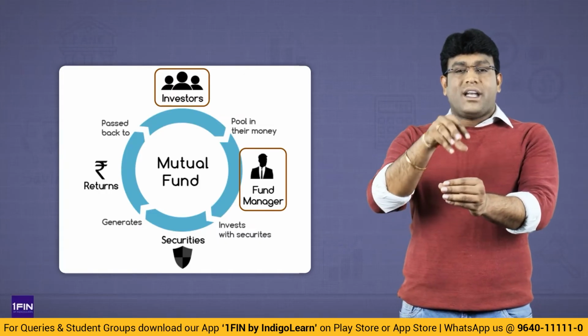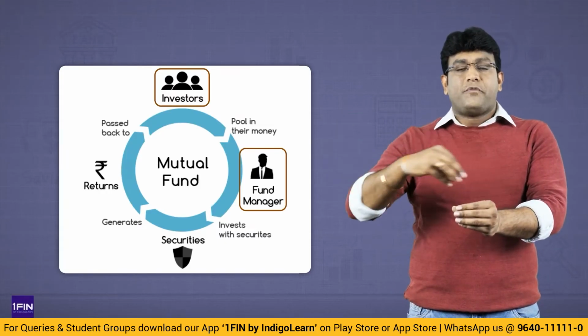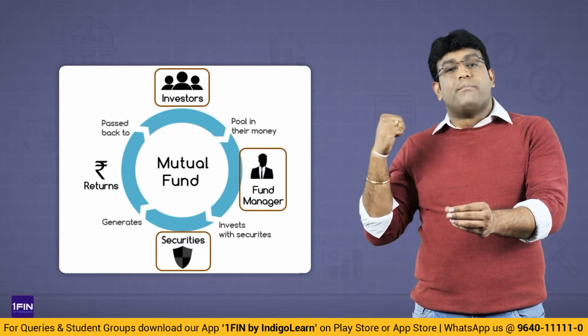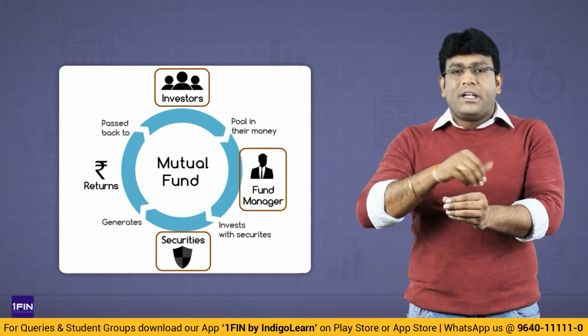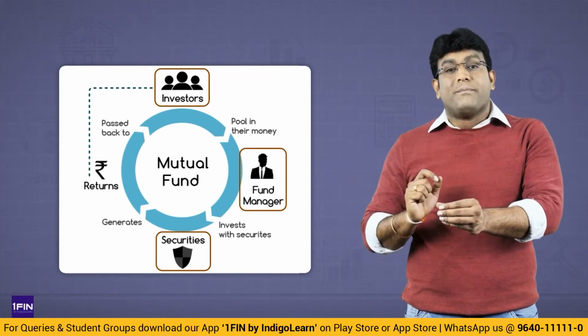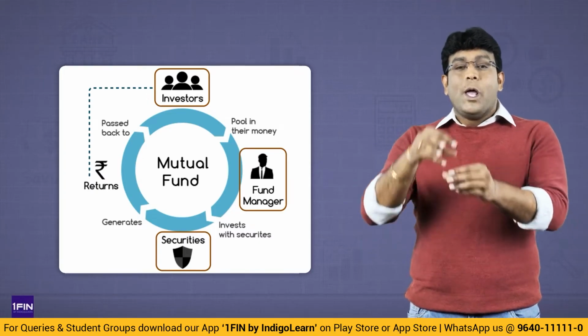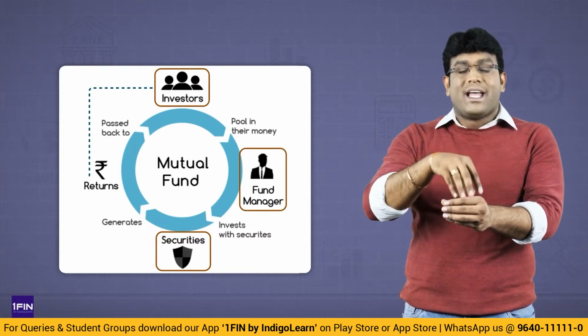So one person, let us say Mr. X, he will create one mutual fund. He will collect money from different people, and that money he will invest somewhere in another company. So from some other company where he invested, if he gets profit, he will give profit to all the people. If he gets loss, he will give loss to all the people. That is why we say mutual fund is subject to market risk, because mutual fund money has gone to the stock market.